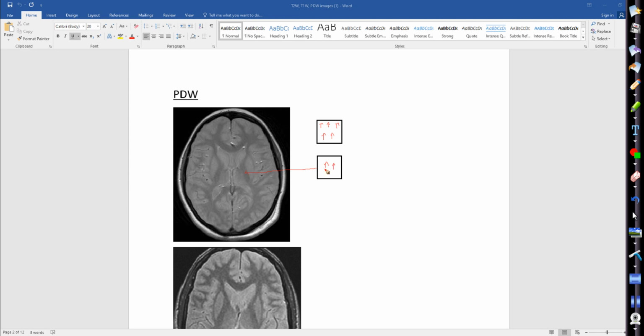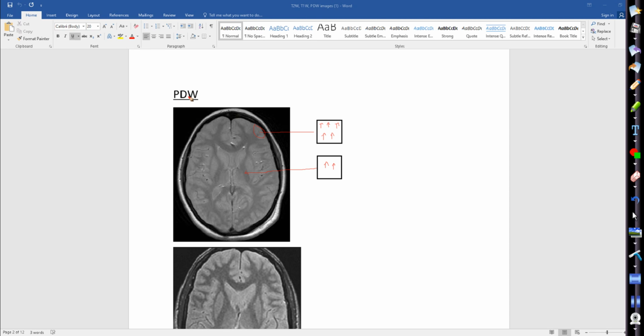Since we have less hydrogen spins within this unit of volume, it's going to be darker on our image. And our gray matter, which is on the periphery here, is going to have more hydrogen spins within that specific tissue, and it appears brighter on our image. Good.